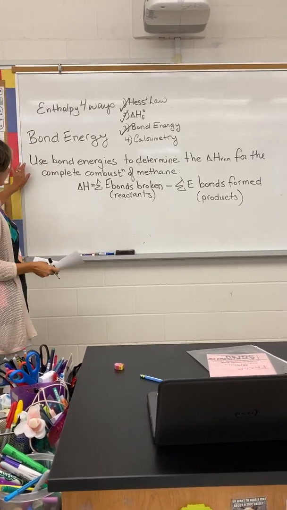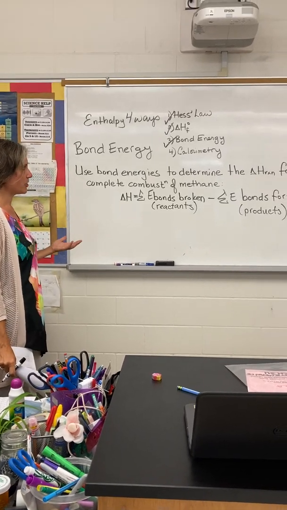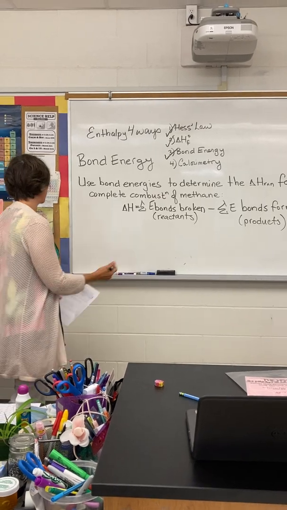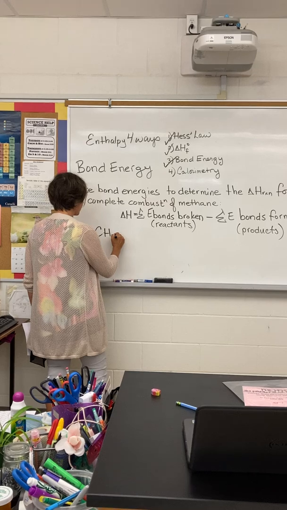So the question that we have is, use bond energies to determine the delta H, the enthalpy of the reaction for the complete combustion of methane, right? So we know from our previous examples, it's a complete combustion.